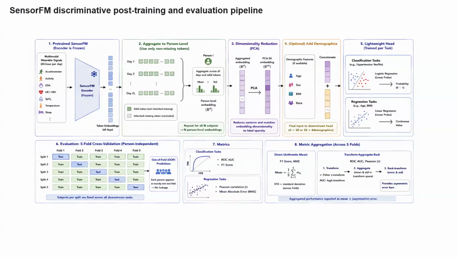I mention this because step 2, aggregation to the person level, loses a lot of information by taking the average. Maybe one way to improve this is using an attention architecture to make the model learn which information matters.